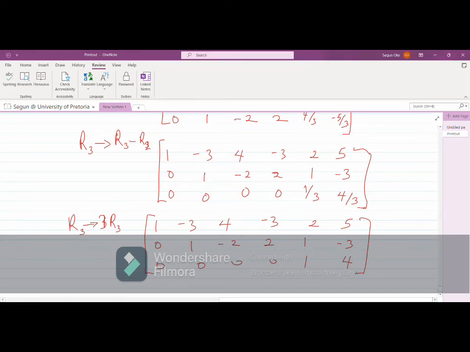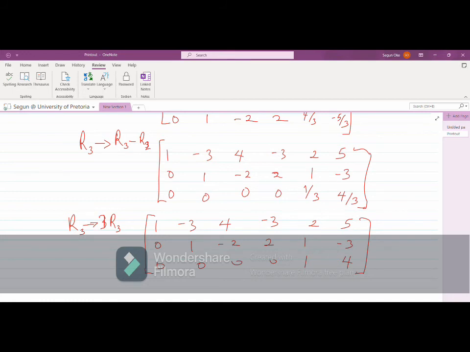So what else do we think we can do? We've not made the diagonal elements one. We need to make the diagonal elements one. That's another thing. But we are there. Only that we need to also work on row 2 and row 1.